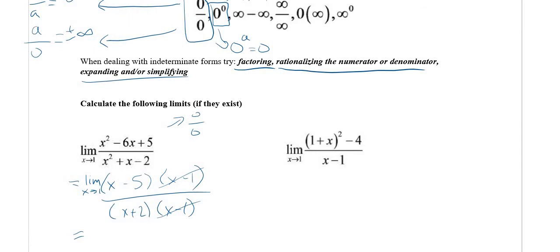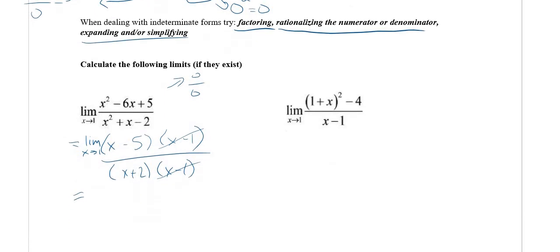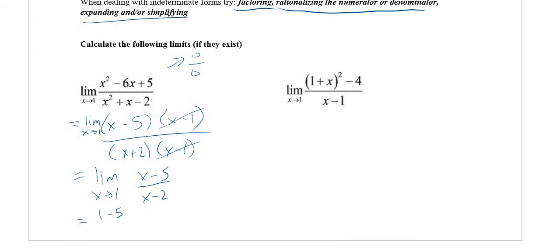The x minus 1s up top and on the bottom cancel out, and we're left with the limit as x approaches 1 of (x minus 5) over (x plus 2), which is just equal to (1 minus 5) over (1 plus 2), which is equal to negative 4 over 3.